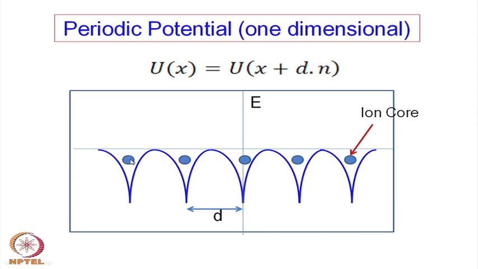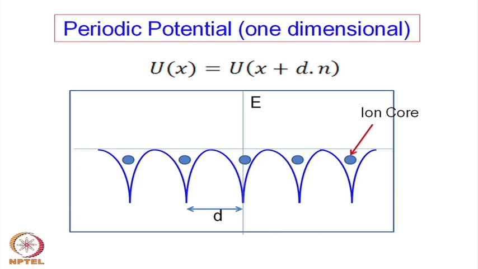Near the position of the ion cores the potential is very low, whereas away from the ion core the potential is high, which means the residence time for the electrons is not uniform throughout the length and breadth of the solid. More time is spent near the ion core than away from it.